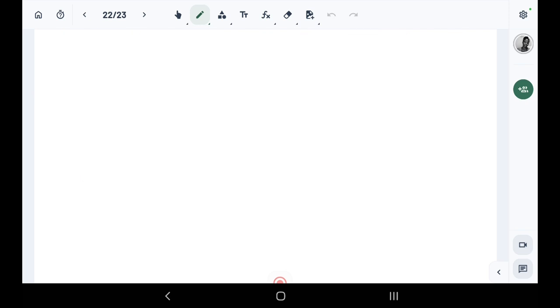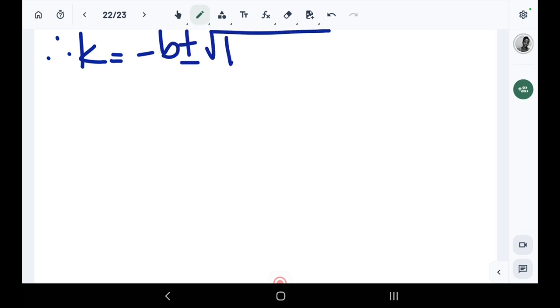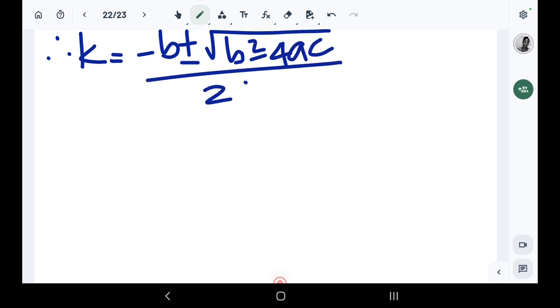Let's use the formula to solve this. Therefore, k equals minus b plus or minus the square root of b squared minus 4ac, all over 2a.